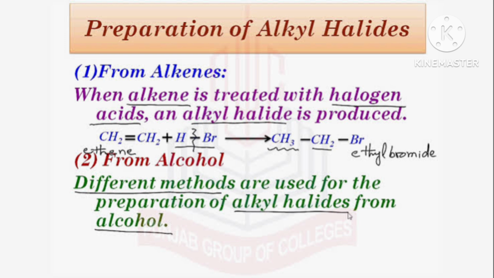Then here ROH is there, then it will give RX, because this X2 may be bromine and iodine. In this particular reaction, X2 may be bromine, may be iodine. Then that OH will be replaced with X and it will give RX.